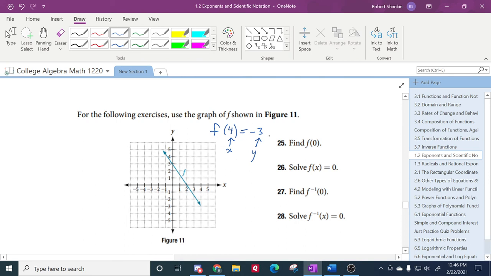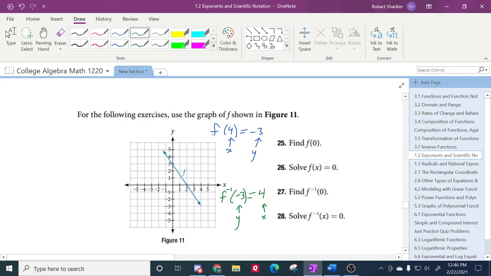Now, what would also be true is f inverse of -3, and this is how inverse functions work. The y goes here, and the x goes here. F inverse of -3 would be 4.